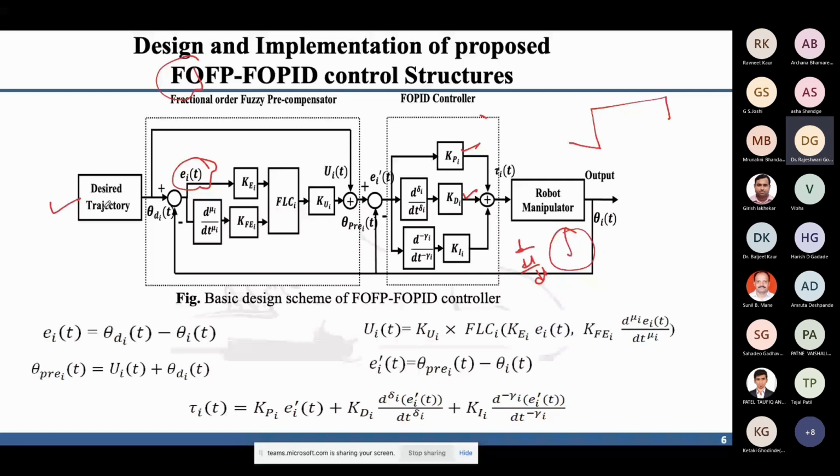The reference trajectory minus the obtained trajectory, and that error is going to change if there is any fluctuation or any unwanted signal, right? So this fuzzy precompensator can compensate for such changes, like overshoot and undershoot, that we observe suddenly at the output.